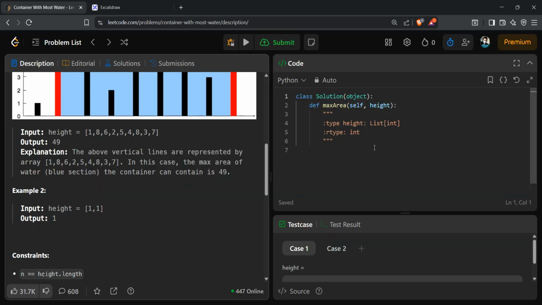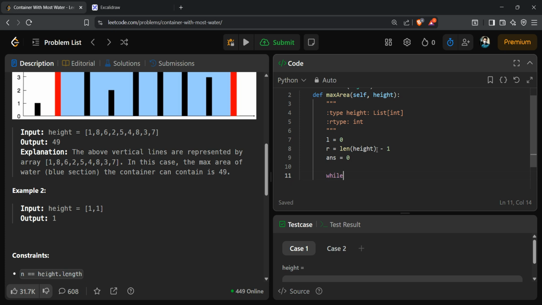To code this question, I have to initialize left equal to 0 and R equal to len of height minus 1, and keep an answer variable equal to 0.